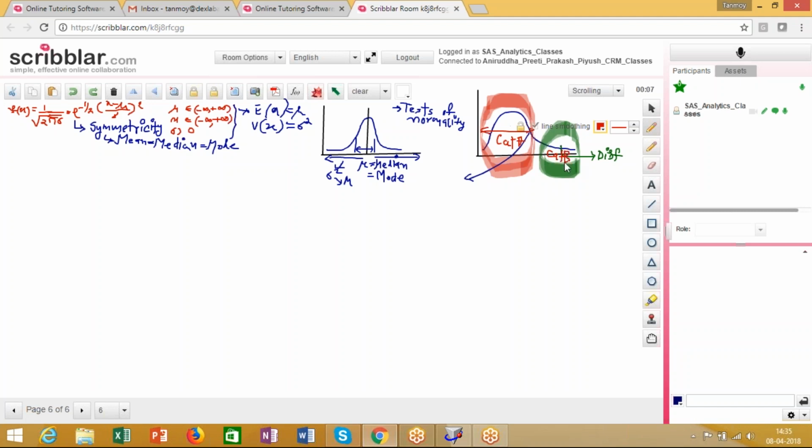So what we can see over here is that both the categories A and B have been lumped together to create one variable, right? So the one single variable has been created by punching two different groups into one.